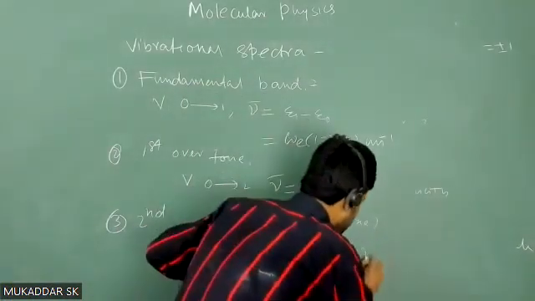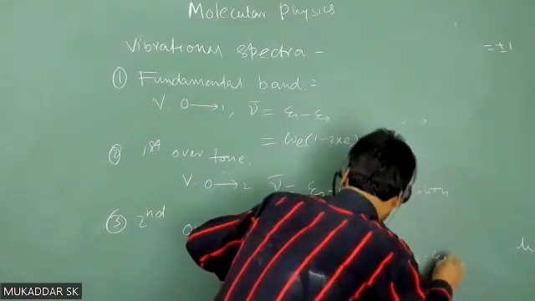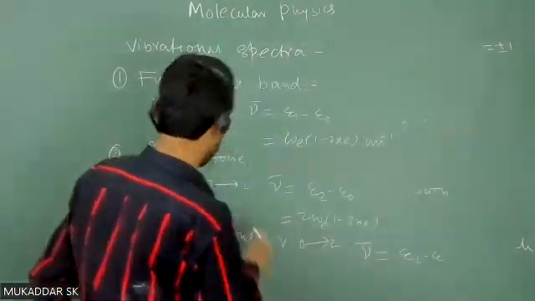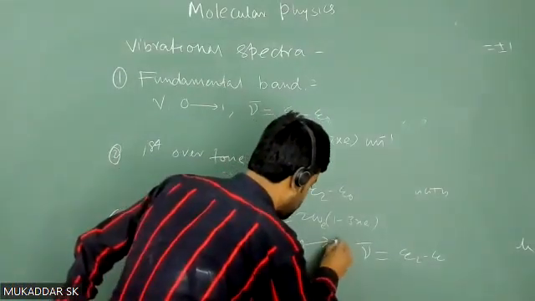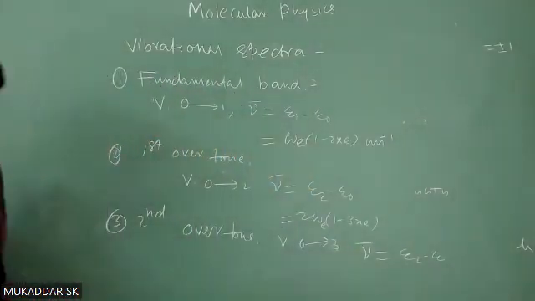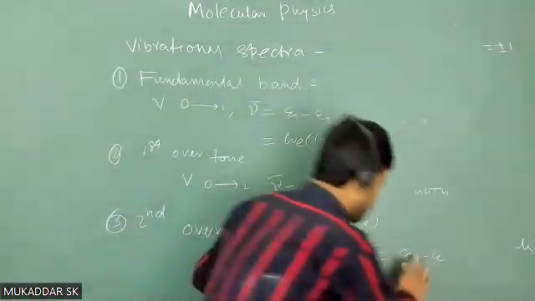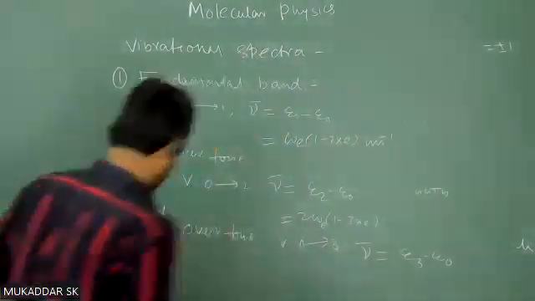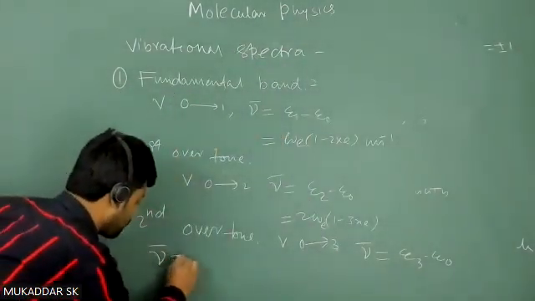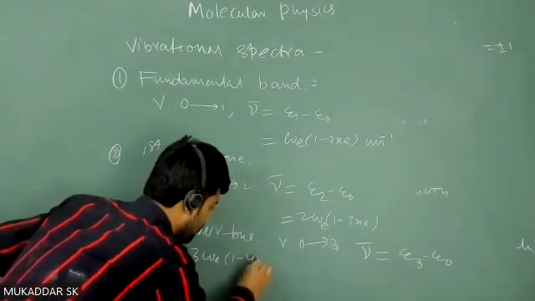The wave number of the associated photon can be written as epsilon 3 minus epsilon 0. If you calculate the wave number of this photon, it will be thrice omega e into 1 minus 4 xe.